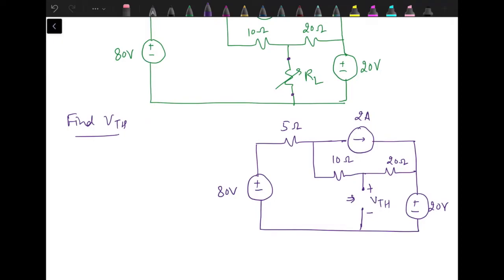Now how can we calculate VTH? We can apply KVL in this loop, in this open loop, by assuming that the voltage between these two terminals is VTH. We can also apply KVL over here. But for that, we need to know what the currents through these resistances are.